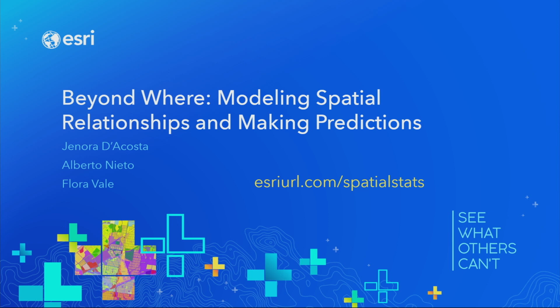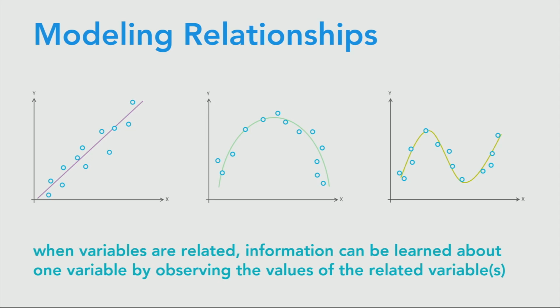So this workshop is all about modeling relationships. What does it mean for variables to be related? Well, when variables are related, you can learn information about one variable by observing the values of other variables. It's helpful for me to visualize it like this, to see these shapes, right? If the relationship forms some sort of pattern, some sort of shape, then we can predict.